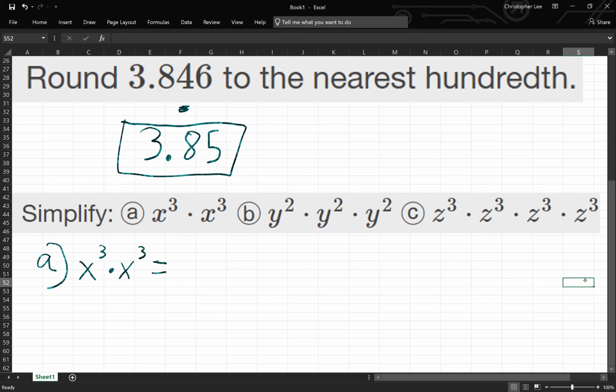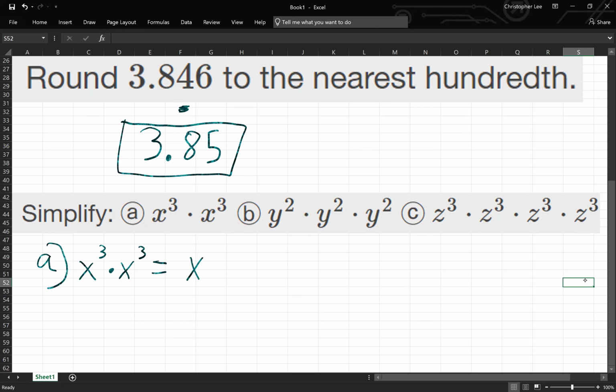What do we do with those powers? Don't you put them in the both sides in the bottom? Kind of. So I'm gonna have a single x.